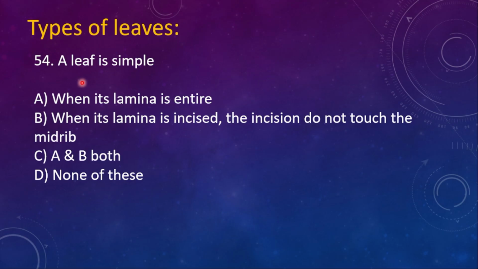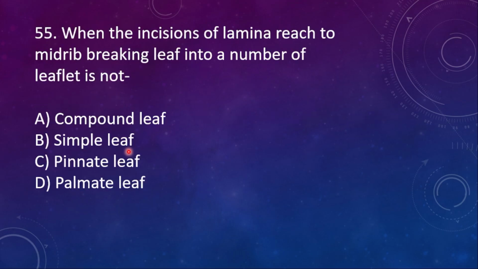Types of leaf. 54. A leaf is simple when its lamina is entire, B, when its lamina is incised, the incisions do not touch the midrib, and then C, A and B both, and then D, none of this. So here the right option is C, both A and B. 55.